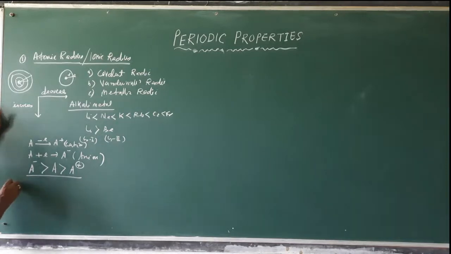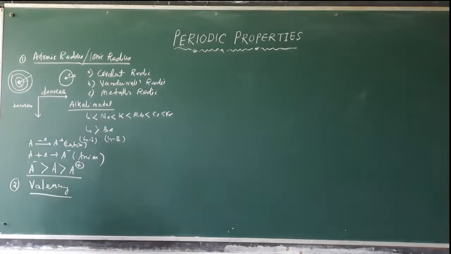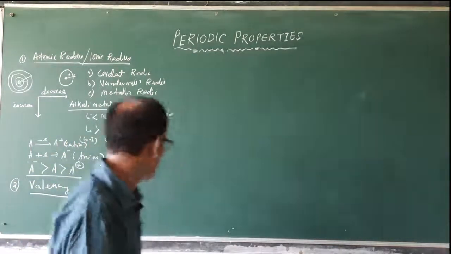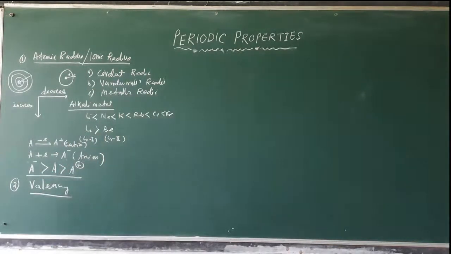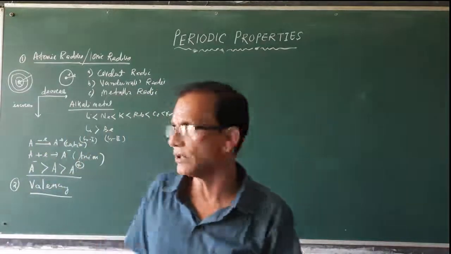Second periodic property is valency. We know what is valency. Valency means combining capacity. Means how many electrons are involved in the formation of a bond. Bond means generally we know covalent bond or ionic bond.